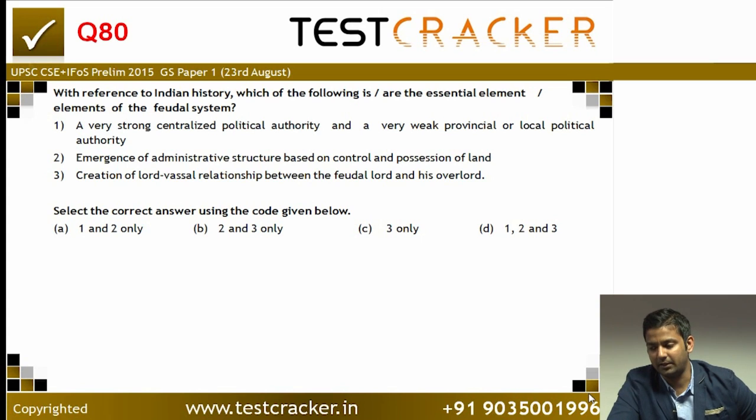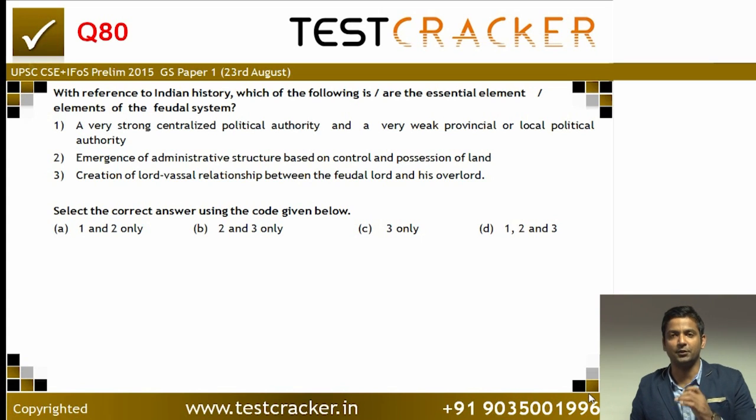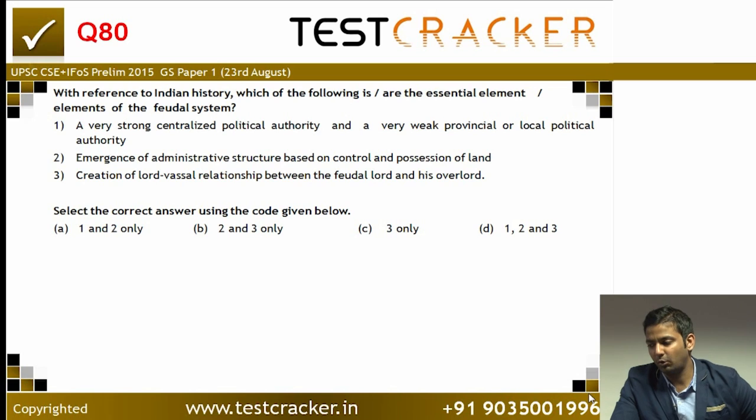Statement 2 is definitely correct. Emergence of administrative structure based on control and possession of land. So, Jagirdari, Zamindari, this kind of a setup, obviously that is the defining element of the feudal system of India. Clearly 2 is correct, so we can reject option C.